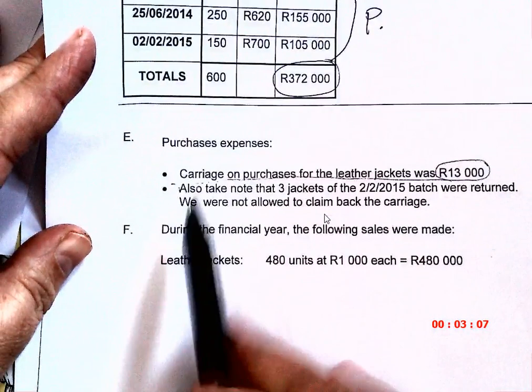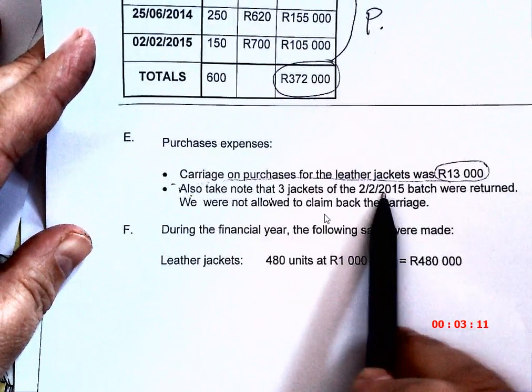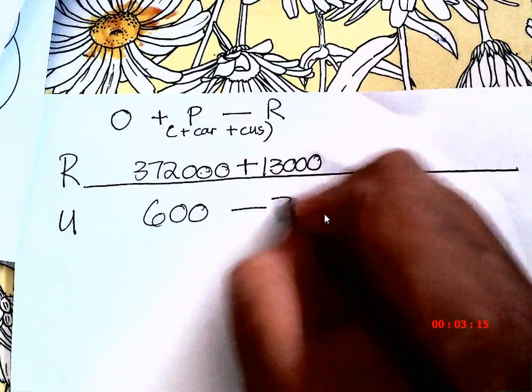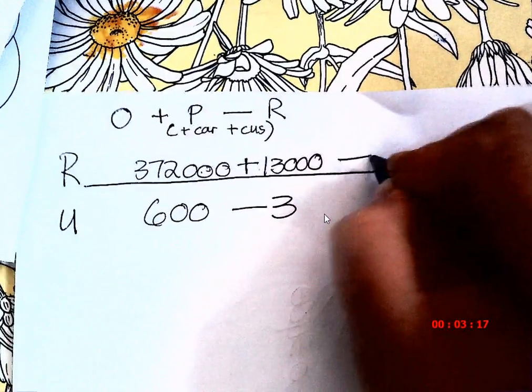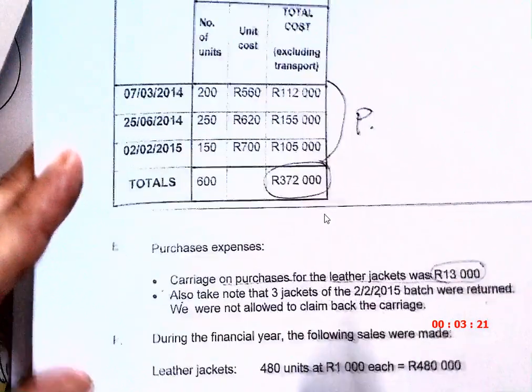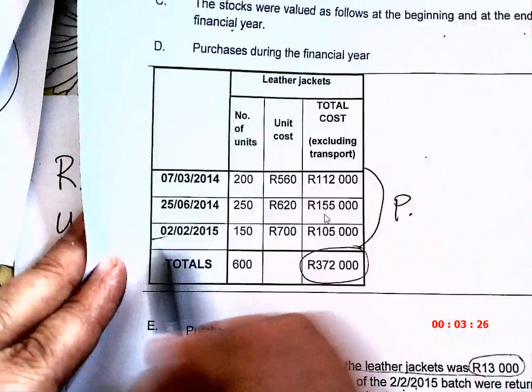Now they say 3 jackets from this batch were returned. So 3 jackets was returned. What was the price? They say it's from the February batch. So it's this one.